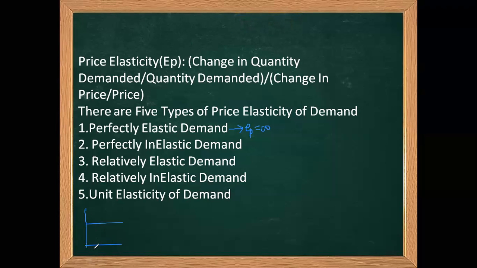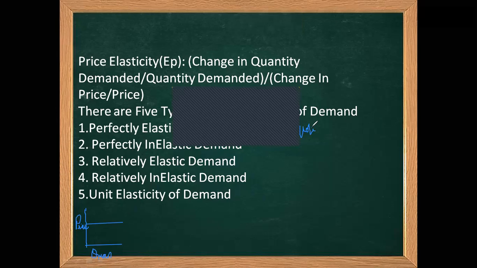On the x-axis we have the quantity demanded, and on the y-axis it is the price. In the perfectly elastic case, the demand curve is a straight horizontal line.